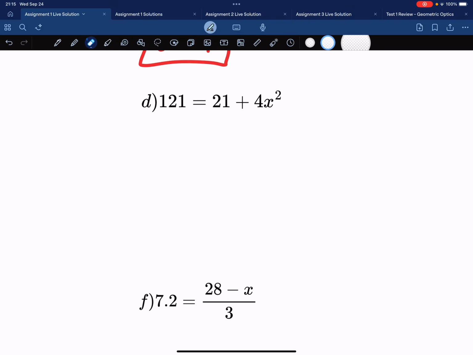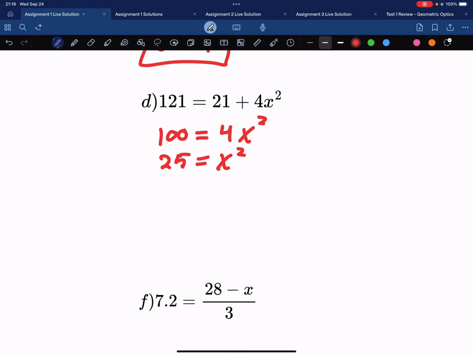1d. In this case, I'm going to start by subtracting 21 from both sides. So I have 100 equals 4x squared. I'm going to divide everything by 4 first. So I'm going to have 25 equals x squared. I'm going to write this backwards. X squared equals 25.